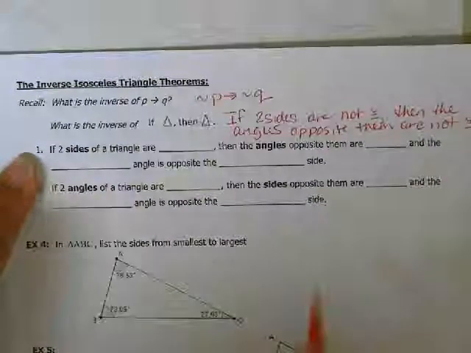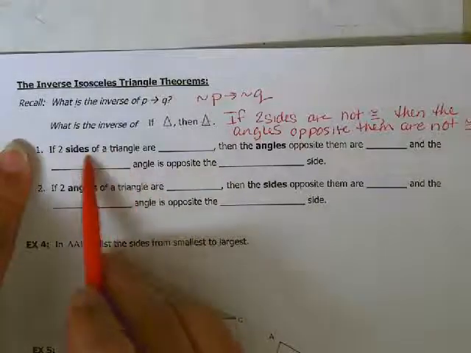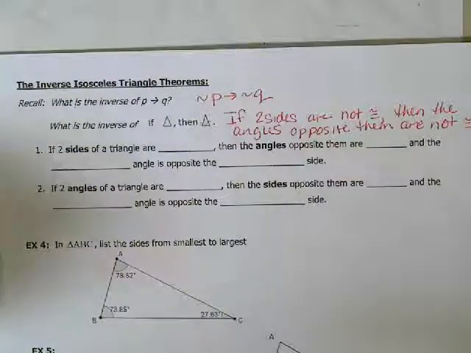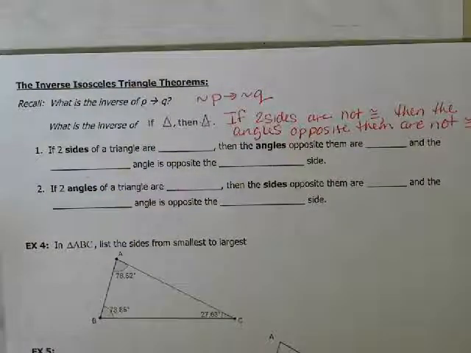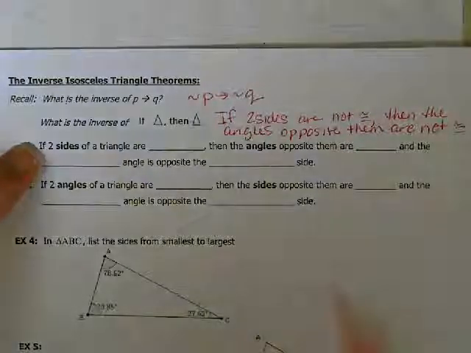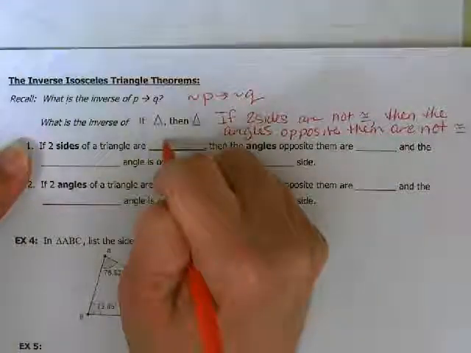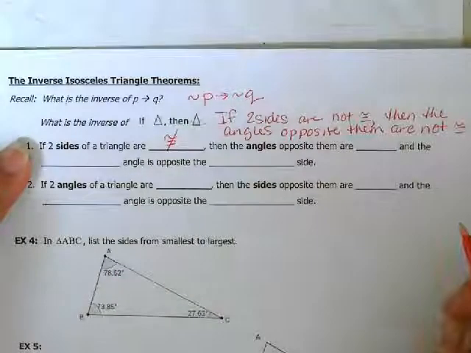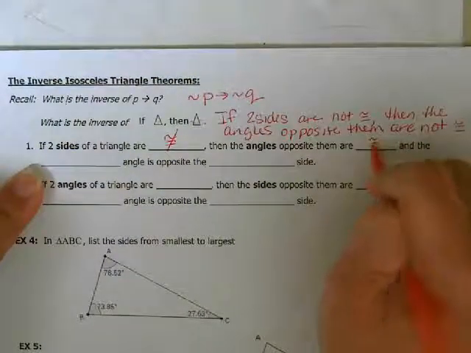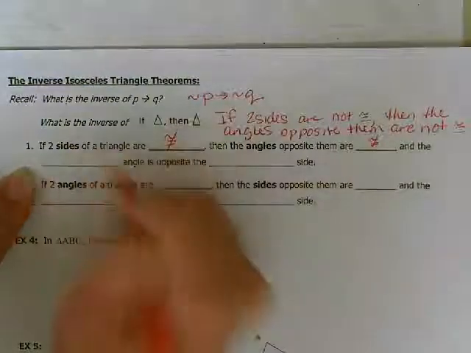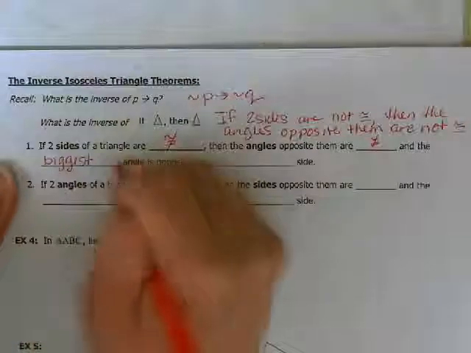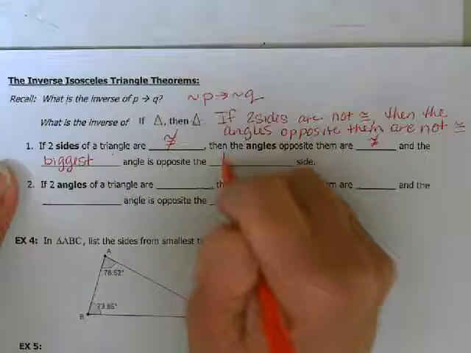So that means the inverse isosceles triangle theorem talks about not only the fact that they're not congruent, but also the size relationship. So if two sides of a triangle are not congruent, then the angles opposite them are not congruent, and the biggest angle is opposite the biggest side.